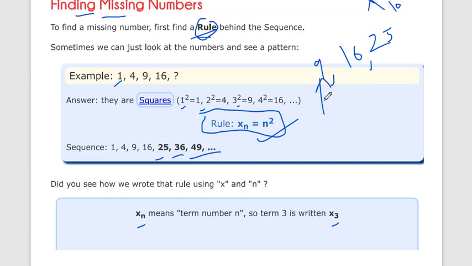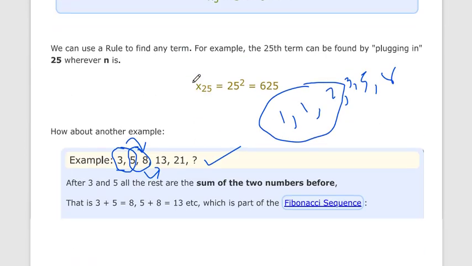It is a square, so the rule xn is equal to n square, but we have to use n greater than or equal to 2, or you have to make a different rule for this sequence. So what the first term is, is also important.